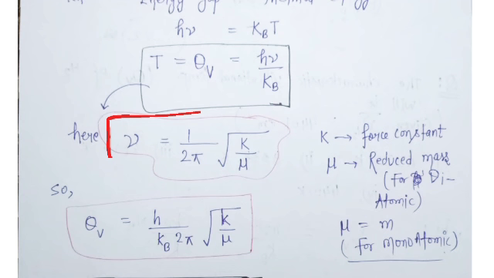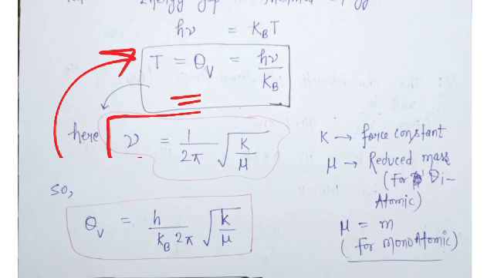We put that frequency value, which is given to you, into the above expression, and we get theta v equals h upon kB 2 pi under root k upon mu. Here all the terms are constant except the values inside of the root.